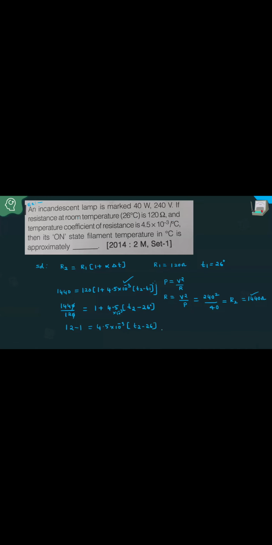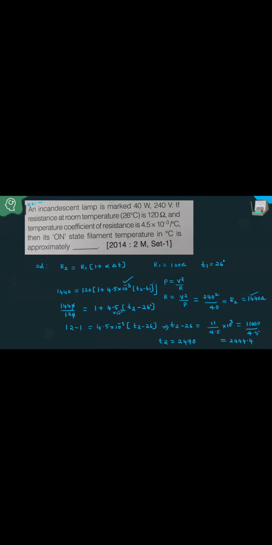From this, T2 minus 26 equals 11 by 4.5 into 10 cube, that is 11,000 by 4.5. Then what is 11,000 by 4.5, friends? I'm doing the calculation, approximately 2444.4.